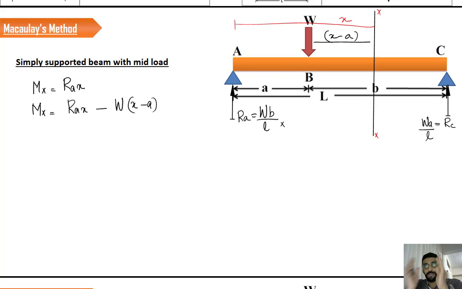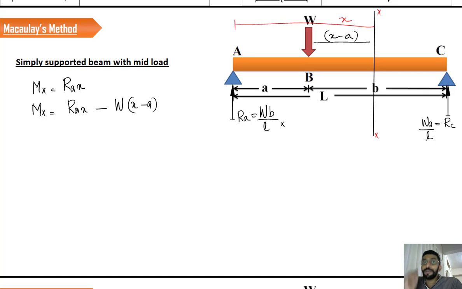Now, we have only two sections, AB and BC. For every section we defined a sectional plane x, and at every section we wrote the moment equations, right?